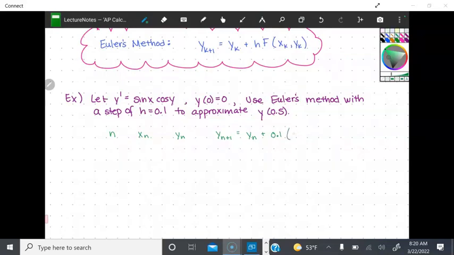And so the derivative is sine x cosine y, so I'm going to say sine x sub n cosine y sub n. And that's what we're going to be putting in our calculators every time. So those are the columns of our table.